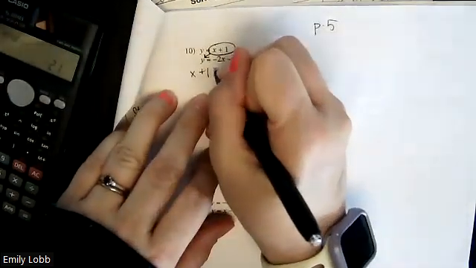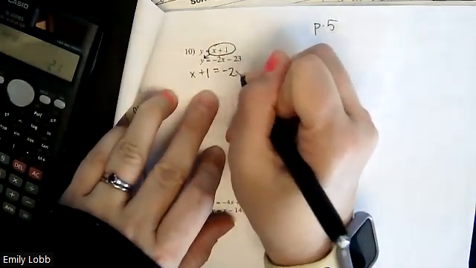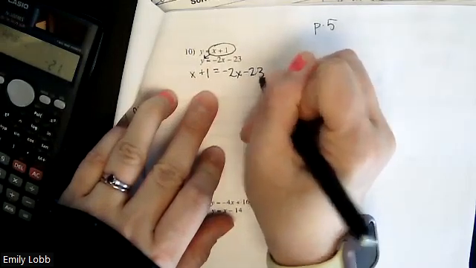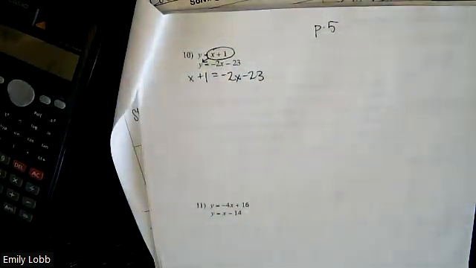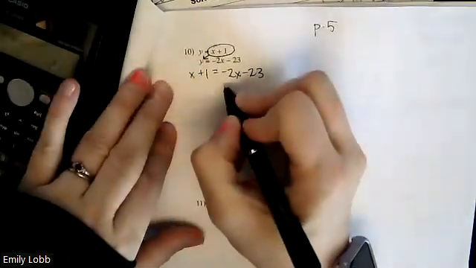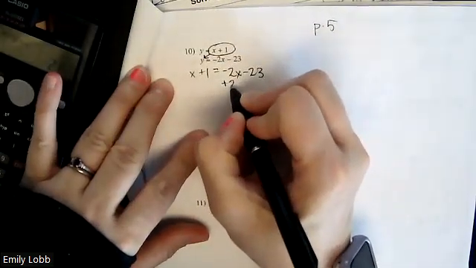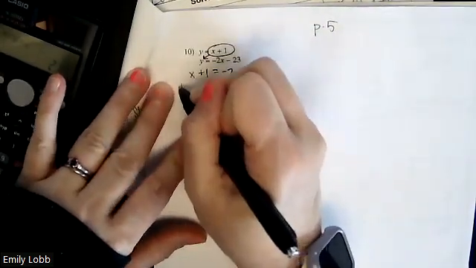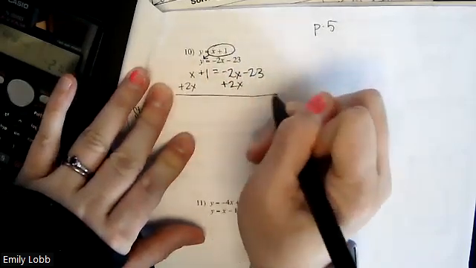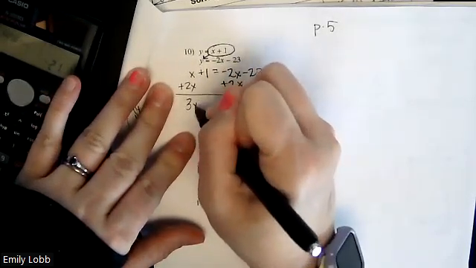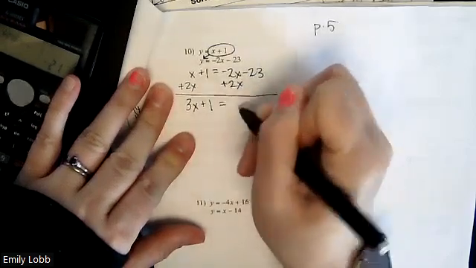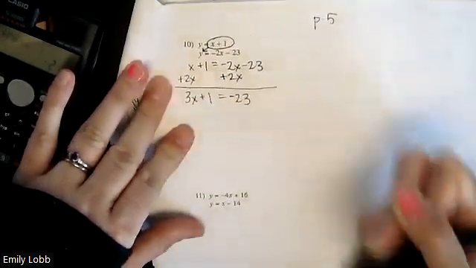So this is just going to be x plus 1 equals negative 2x minus 23. So remember, when we have things like this, we have to get rid of one or the other by taking the opposite of it. So that should leave you with 3x plus 1 is equal to negative 23.